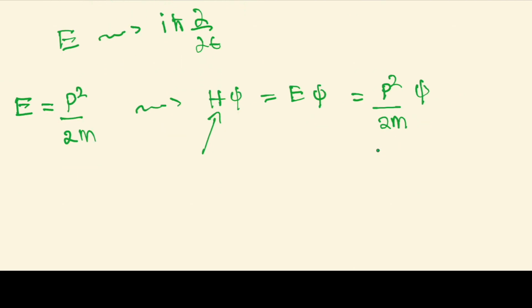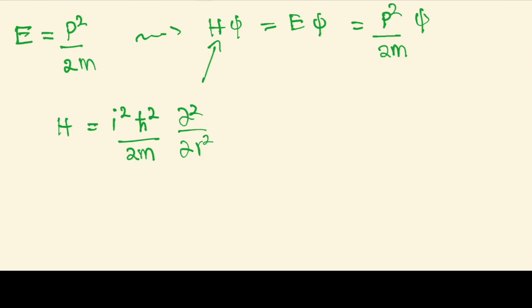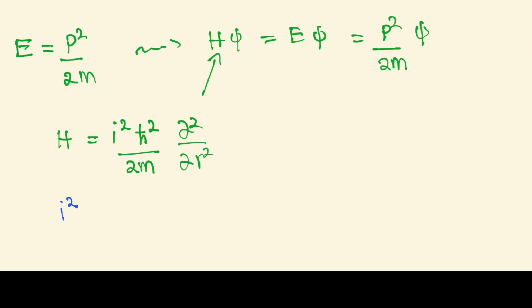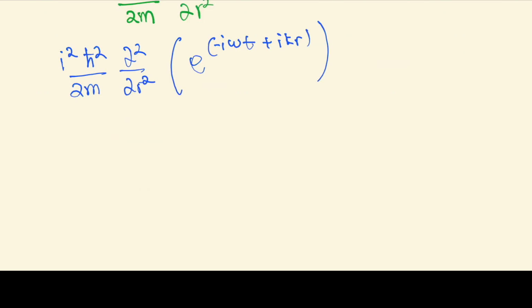So again, let's consider our operator as being equal to i squared ħ over 2m. Okay, so let's add this operator onto our wave function and let's see if we're able to get something similar to this. So we have i squared ħ squared over 2m. So when we do this derivative, what we get is i to the power 4 ħ over 2m.